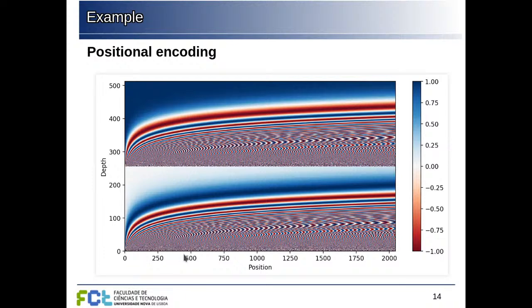So as we go along the position, we have these vectors that we see here in the vertical, and the interesting property here is that if you look at vectors in nearby positions, they are very similar. But as we go apart, they start becoming different because for the same index the value changes a lot, and this gives us basically an encoding that we can use to specify the position of the words in the sentence.